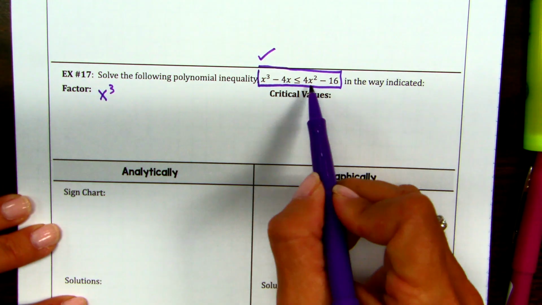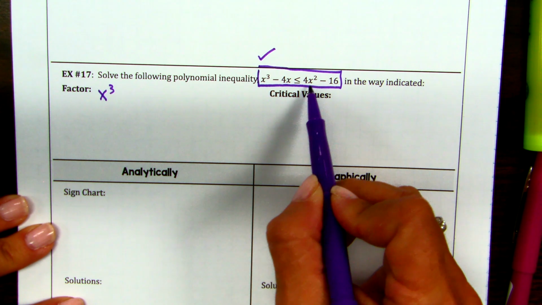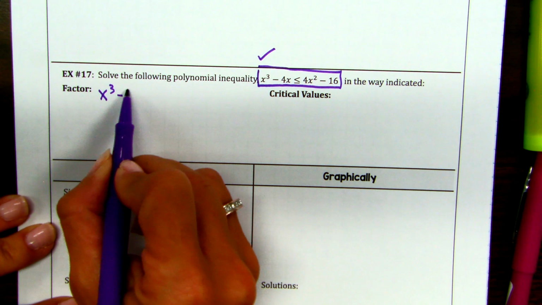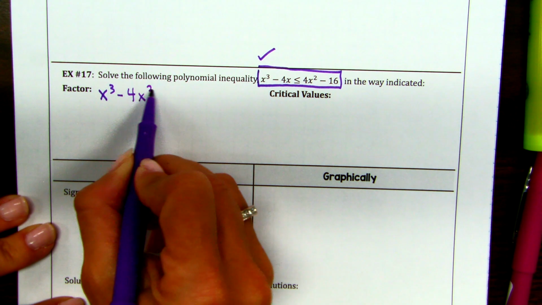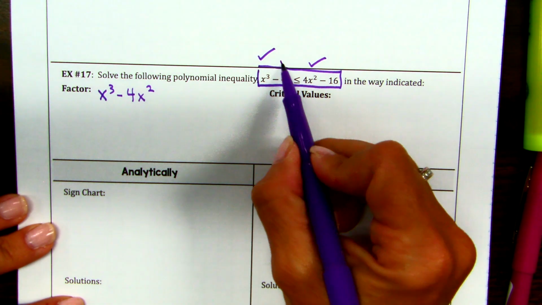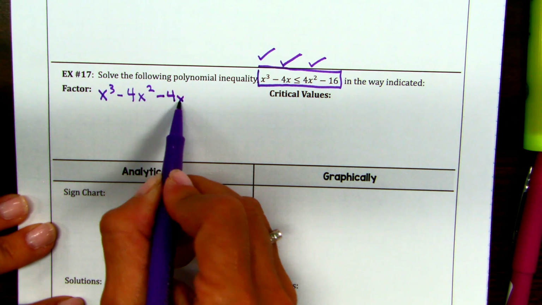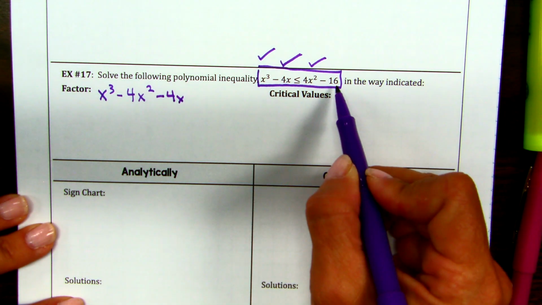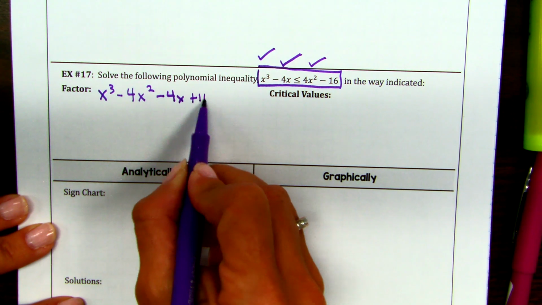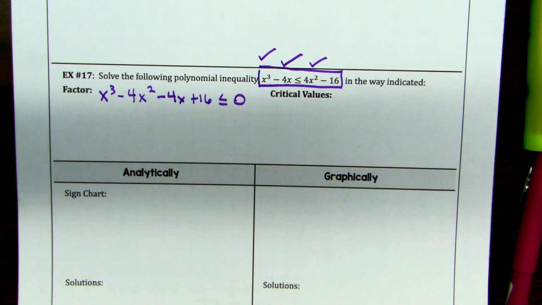And then my 4x squared should come next, right? It's on the right-hand side of the equal sign, so I'm going to bring it over by subtracting. If you're on the other side of the equal sign, you have to change signs when you come over. Then I would have my linear term, negative 4x. And then minus 16 is on the other side. I'm going to add 16 to get it to the other side. And there's nothing left on that right-hand side, so it's a 0.